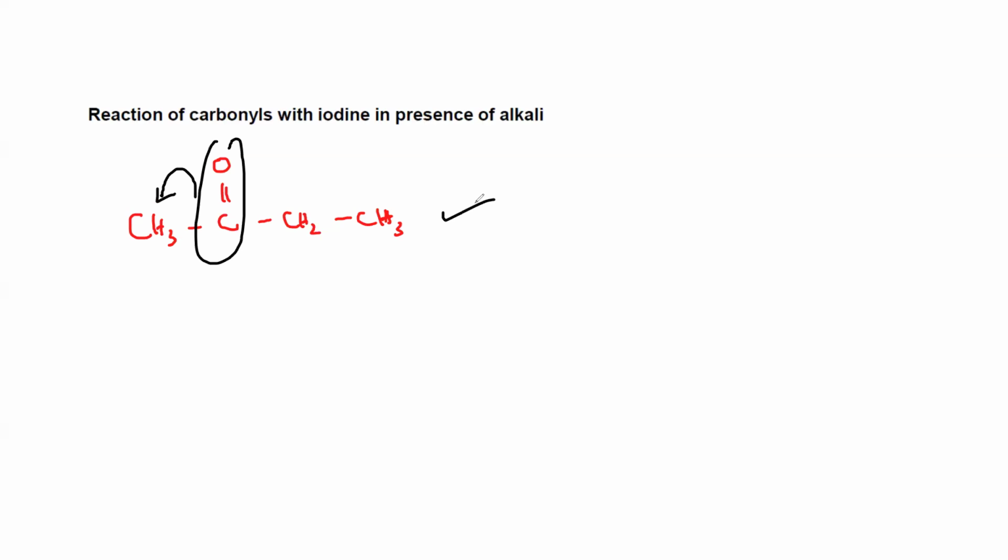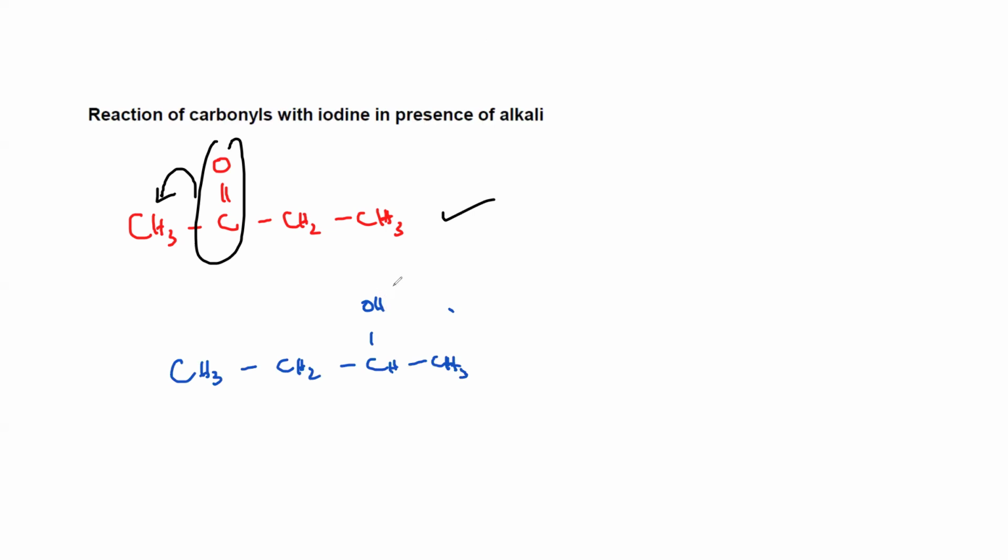And it is not only for carbonyl, because sometimes if we have an alcohol, the alcohol can also be oxidized and then the result can occur. So let's say a secondary alcohol was there: CH3, CH2, CHOH, and then CH3. And the question is, will it give a positive or a negative result with iodine and sodium hydroxide?